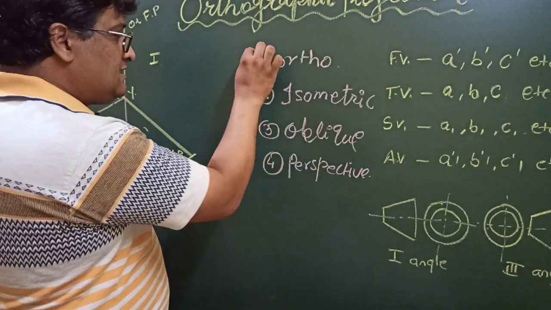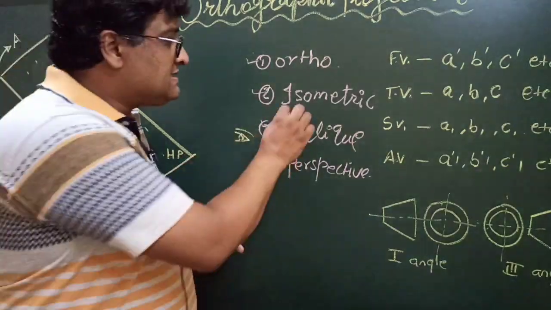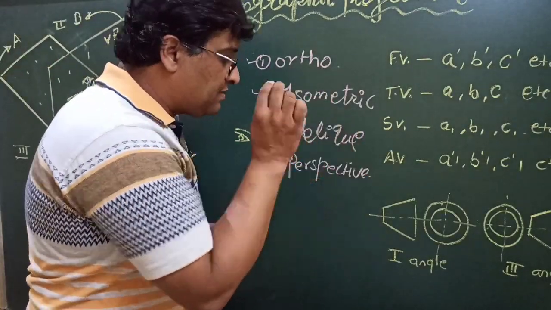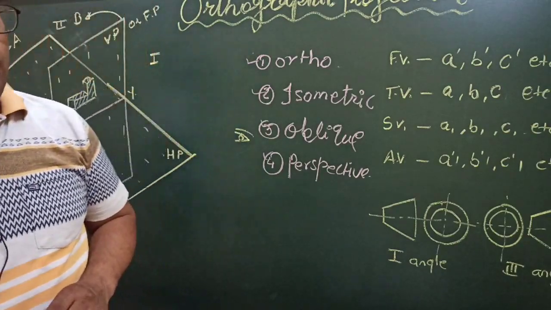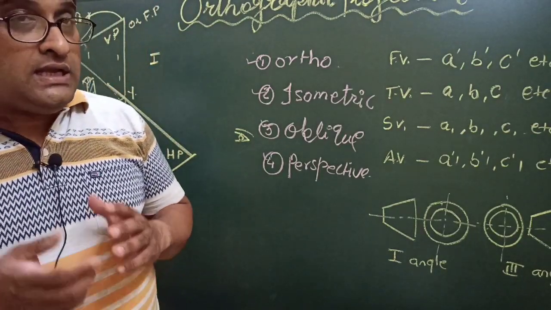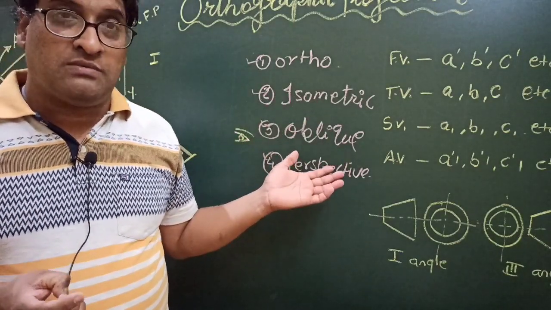So basically these four methods are there, among which these three, isometric, oblique and perspective, are more or less single view pictorial views, where in general all the three dimensions are visible in most of the cases.